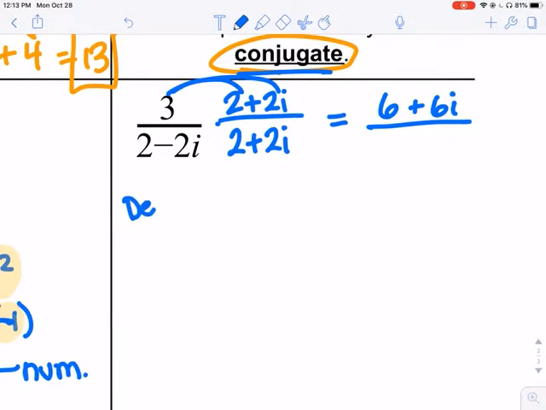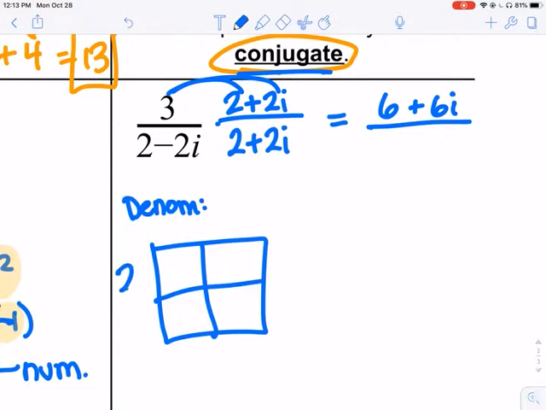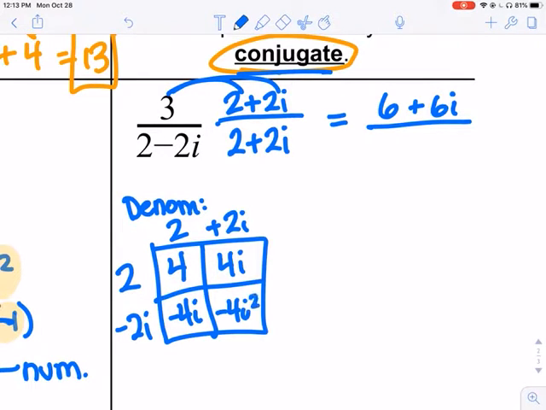And then my denominator, I'm going to do using the box. So 2 minus 2i, 2 plus 2i. This is 4, 4i, negative 4i, negative 4i squared. So these will cancel. 4 minus 4 times i squared. i squared, remember, is negative 1.